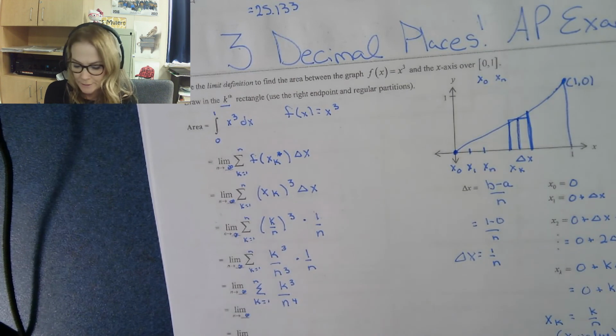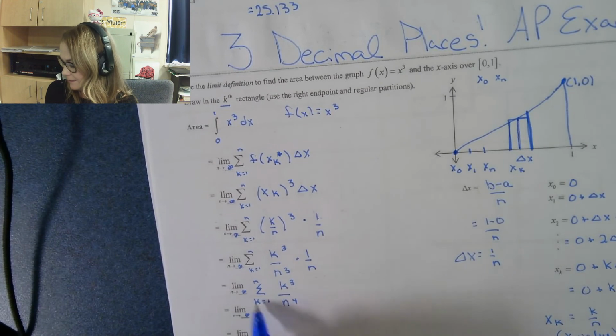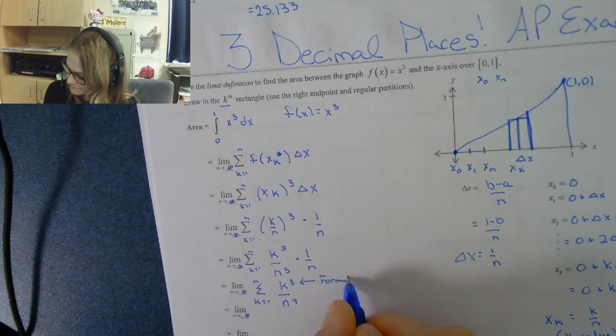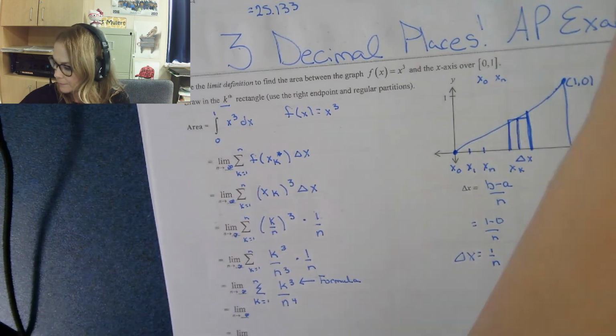Okay, so we are going to take our sum. I obviously can't sum up infinite rectangles. It's not doable. But I can use my formulas. So we're going to use our formula right here, and once you use the formula, that's the sum, so the sigma sign goes away.